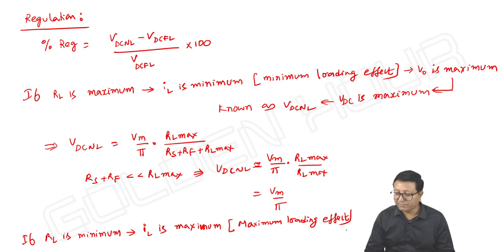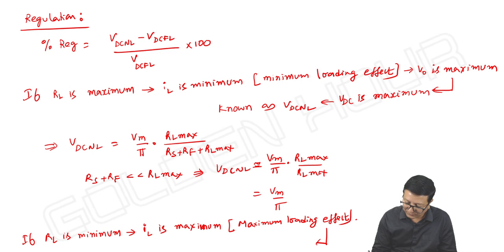That makes V output to be minimum, right? When V output is minimum, the corresponding DC is also minimum.